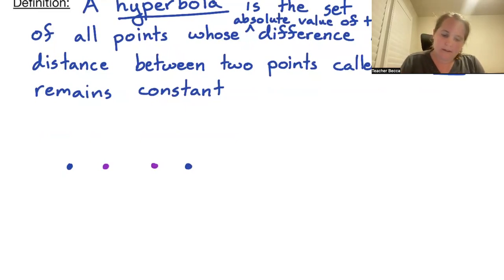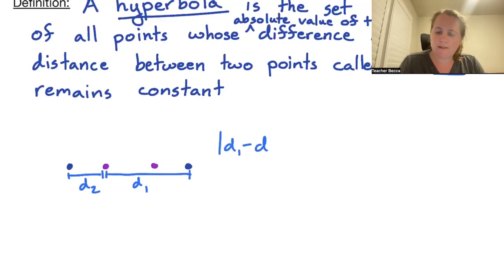Then if we think about the difference in the distance, we take our distances D1 and D2. We have that the absolute value of D1 minus D2 is a constant D.